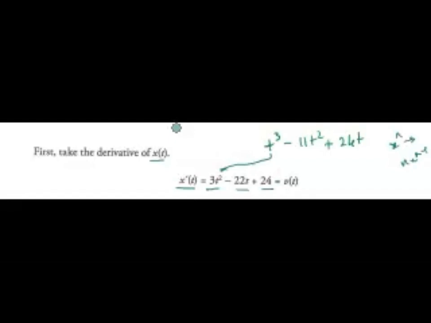The same differentiation formula is used here. Then 2 times 11 gives 22t, with the negative sign as usual, and 24 times the derivative of t, which is 1. So we got 3t square minus 22t plus 24.